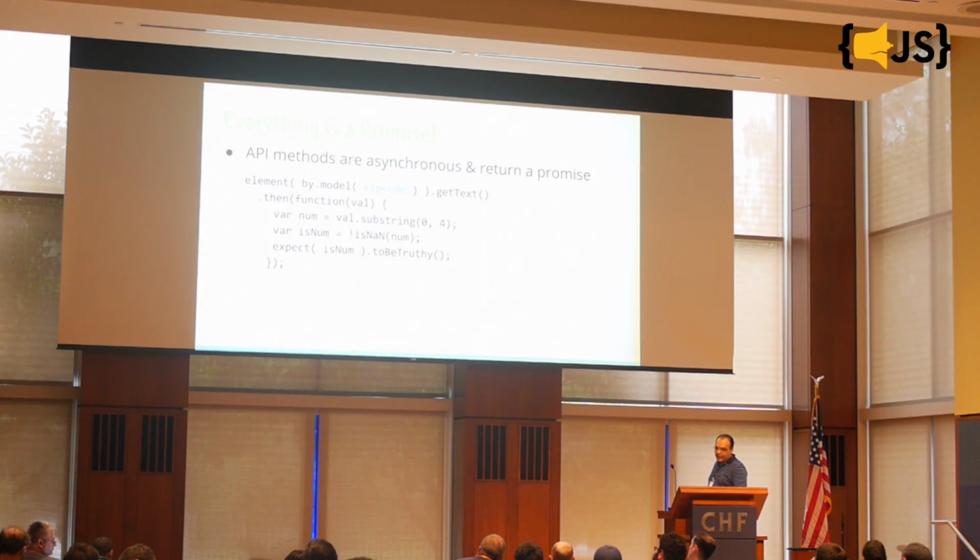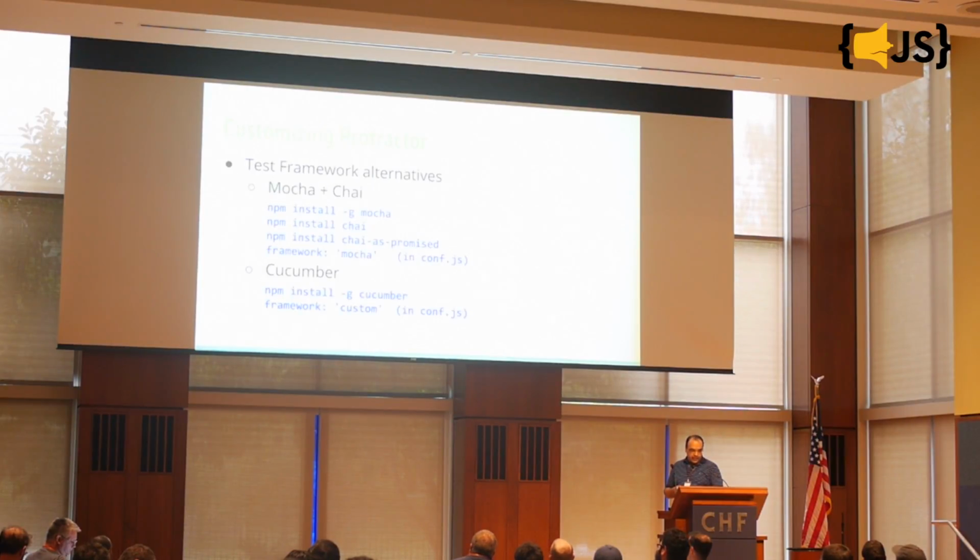So I had already mentioned this, in the case of Protractor, all tests are eventually run as promises. So you can actually write callbacks to resolve or reject a test, which is very useful if you are doing asynchronous programming. And then if you don't want to use Jasmine as your framework for writing the test, you can use Mocha and Chai, even Cucumber.